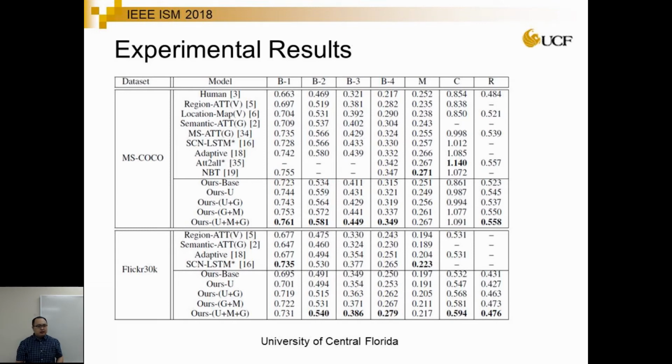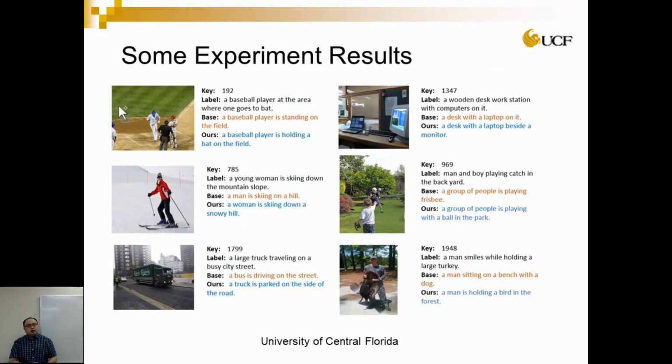And we also compare our results with some other works, some state of the art in 2017 and early 2018, and on both datasets we can see competitive performance in the single model, especially in BLEU. Note that all of the results we list here are single model, single task results. And here are some selected results we show in our paper.